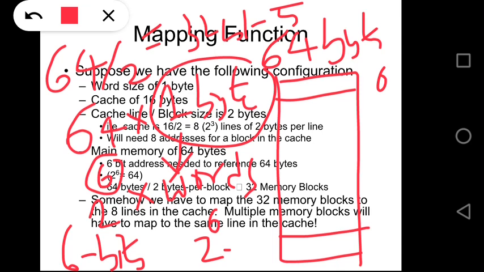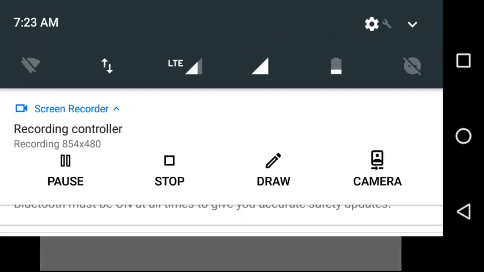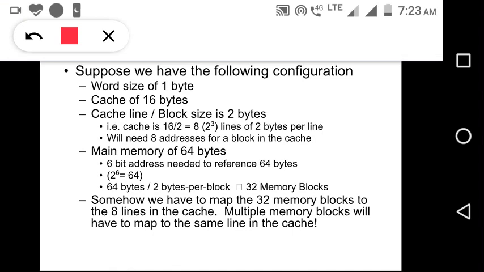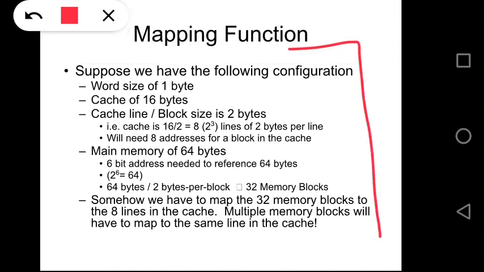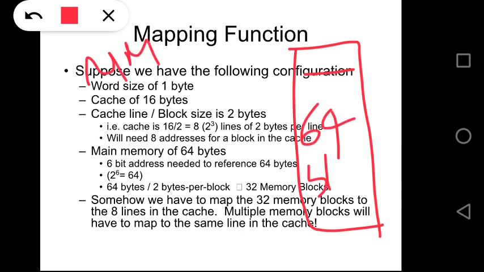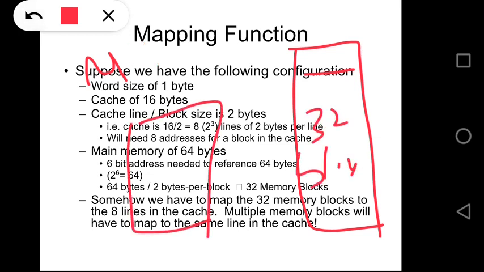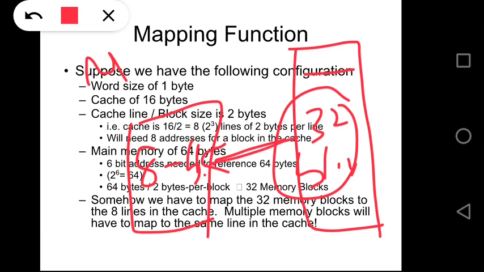The main memory contains 64 words, so 32 blocks, while the cache contains only 8 blocks, so we should map these 32 blocks to 8 blocks.